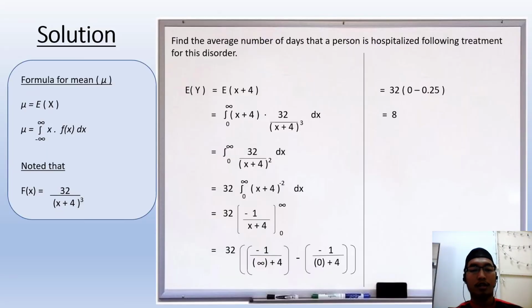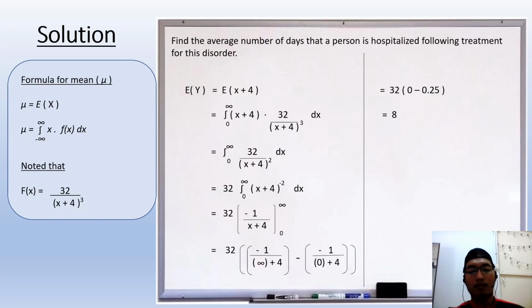So for this question, we can see that the question actually wants us to find the mean. In order to find the mean, we use the formula of mean, where we integrate x with the lower limit and upper limit, and multiply with f(x) dx. So this is the formula of mean. So go back to the solution.